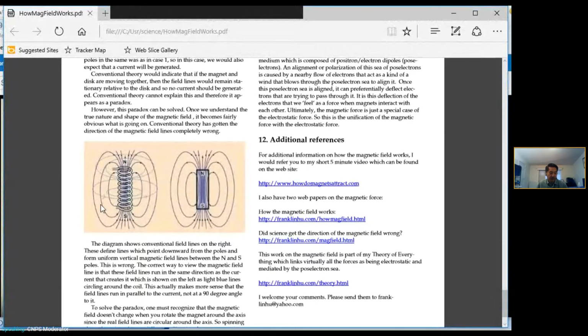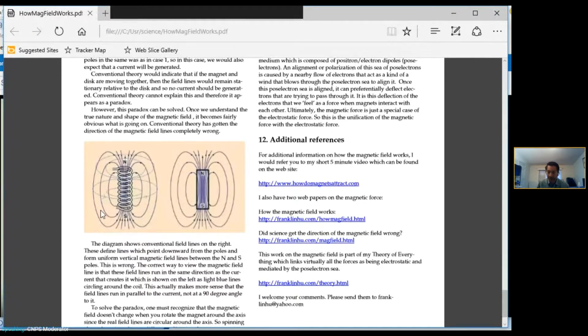So I present that as one possible way to intuitively see that there is no change in the magnetic field whatsoever when you rotate around the pole, because the magnetic field lines go in the same direction as the wire that is creating them.